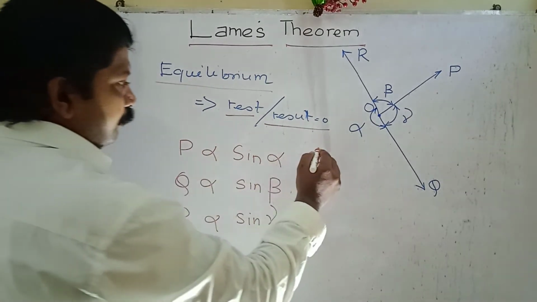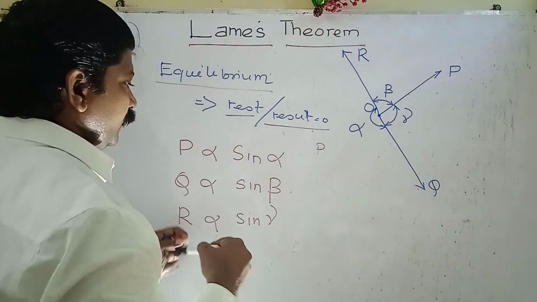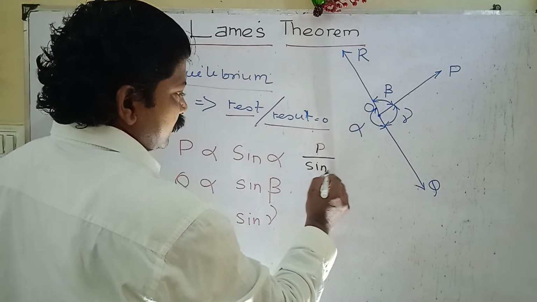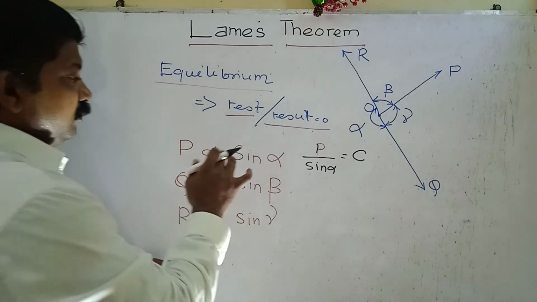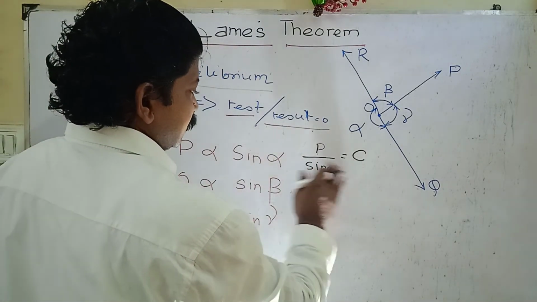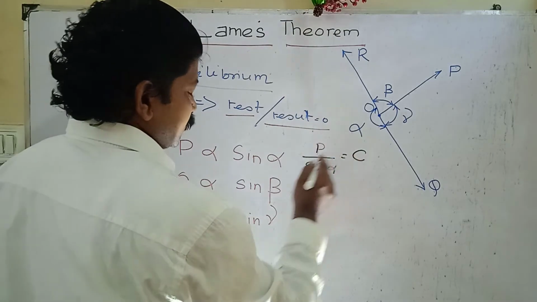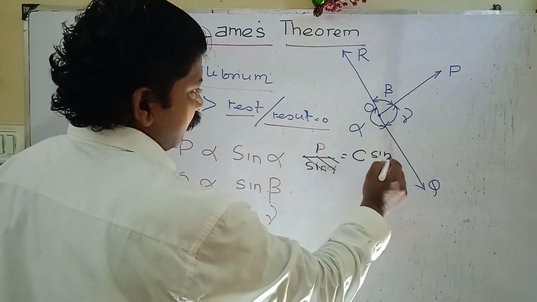From that, P by sine alpha equal to constant. Okay, so how to write this? P equal to some constant into sine alpha.